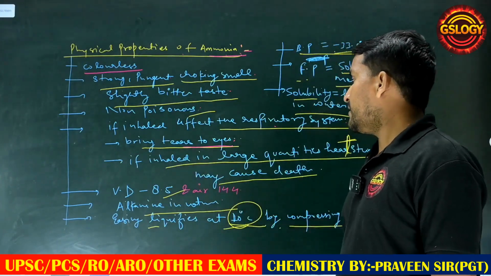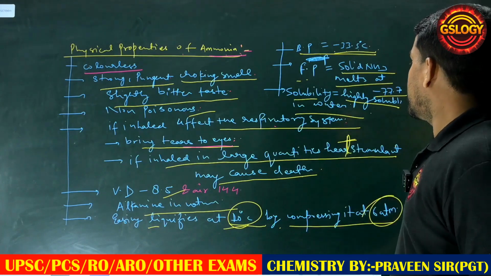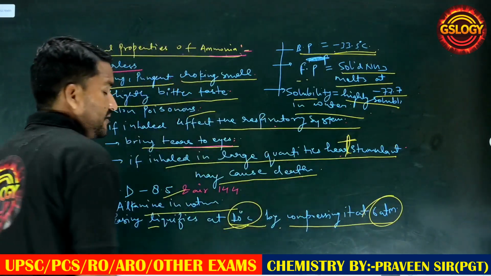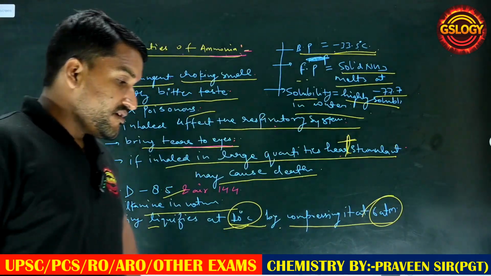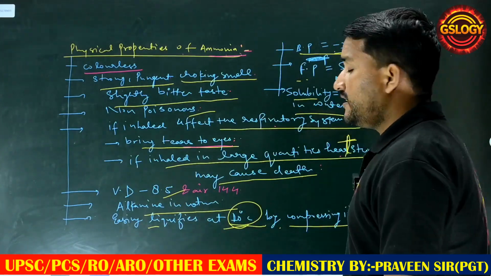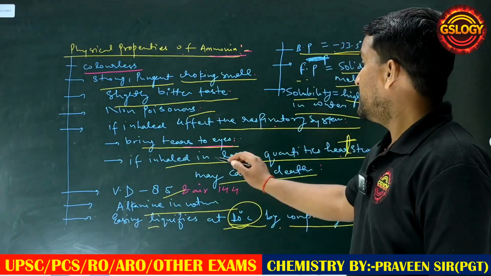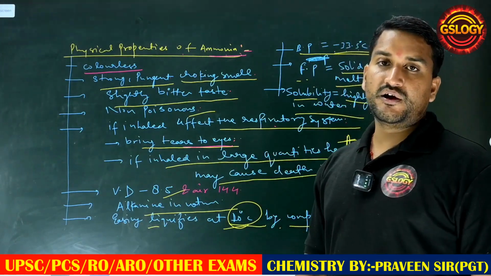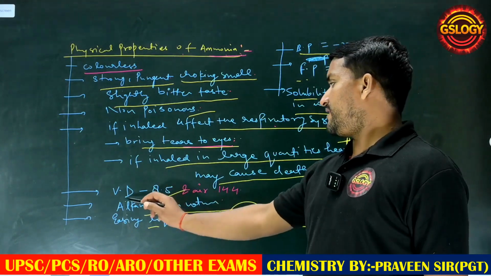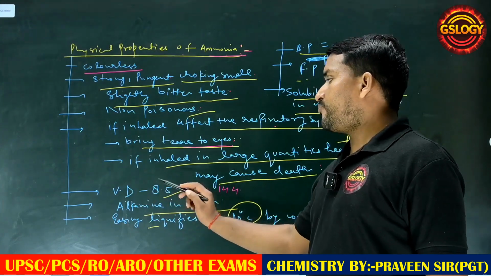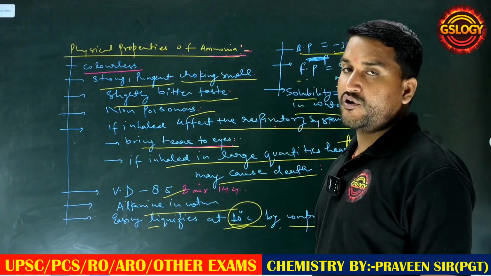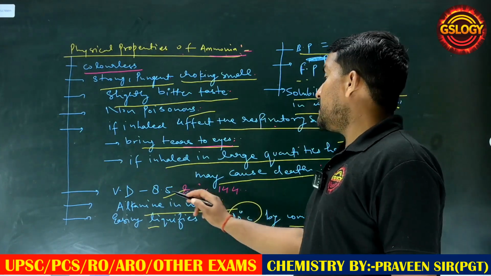If inhaled in large quantity, it acts as a heart stimulant and may cause death. So it is very dangerous for human beings if inhaled in large quantity. The vapor density is 8.5 and that of air is 14.4, which means ammonia gas is lighter than air.